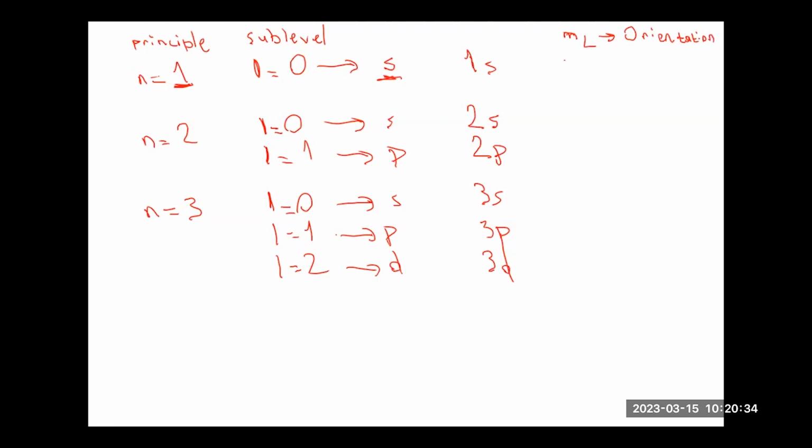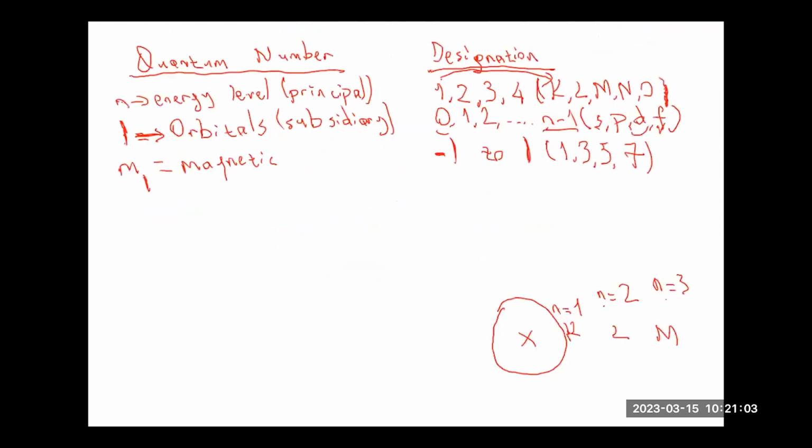So here, when L is equal to 0, ML is just 0, right? Because L is 0, we go from minus 0 to 0, which is just 0, and we only have 1 ML. When L is equal to 1, ML is 3, and we go from minus 1 to plus 1.